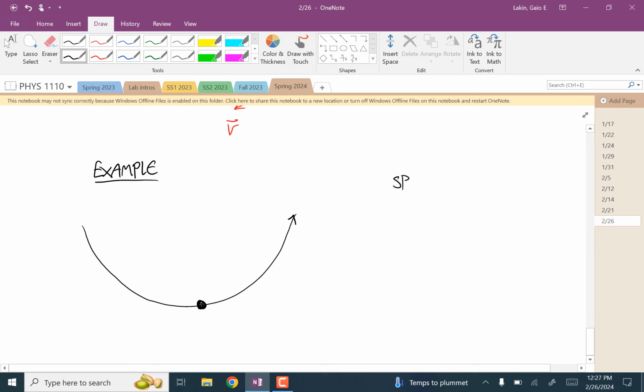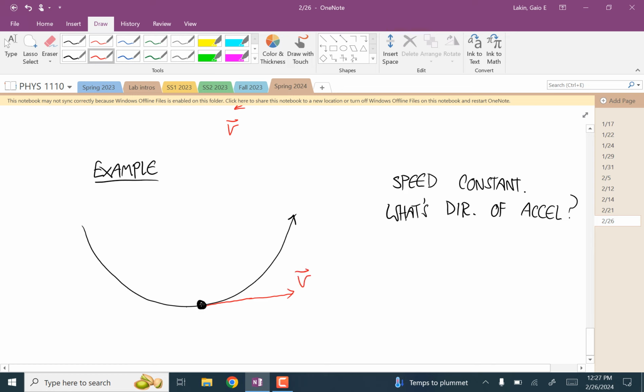But let's say that the speed is constant. And we want to know what's the direction of the acceleration. Well, if it's moving this way, the direction of the velocity is tangent to the path, so the velocity is like this. So at that instant, that's the direction the object's moving.